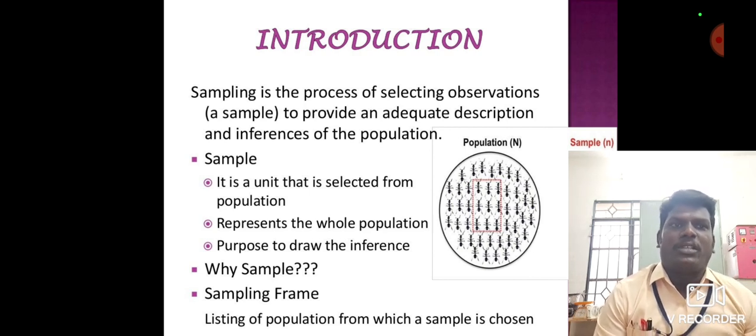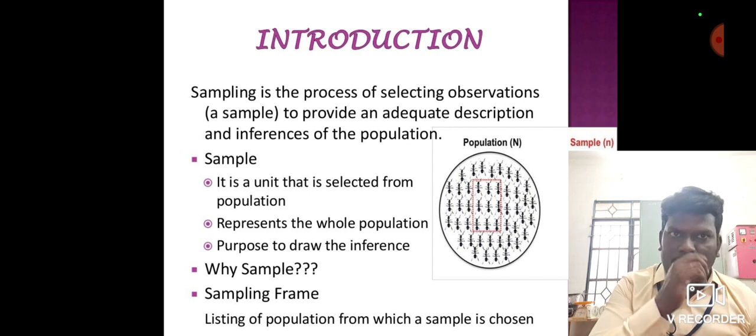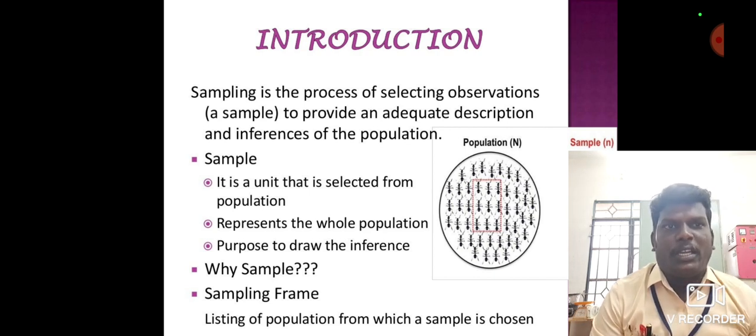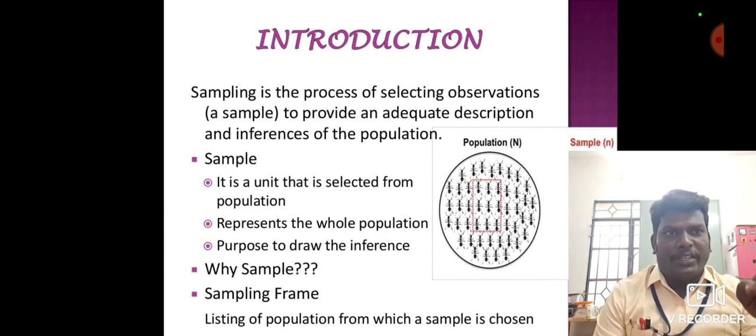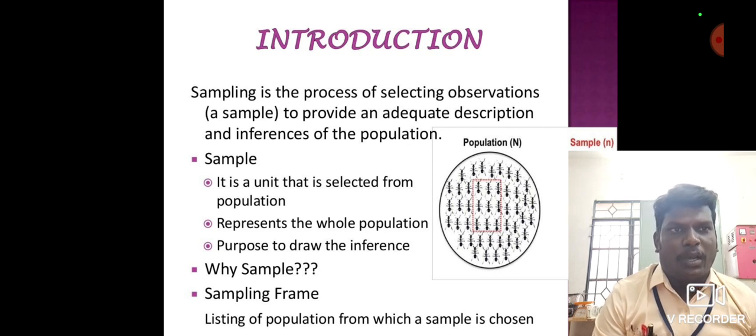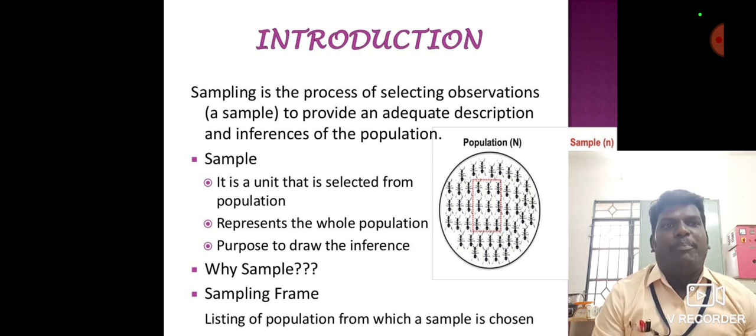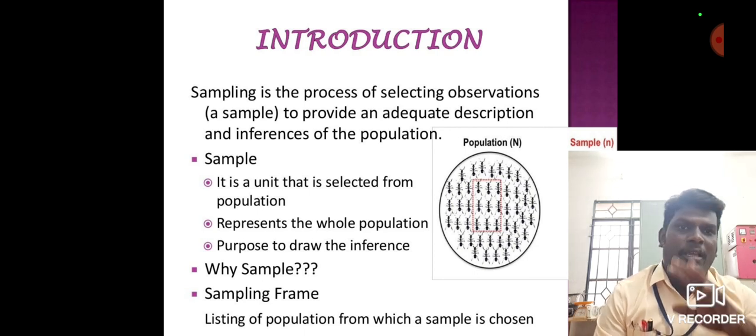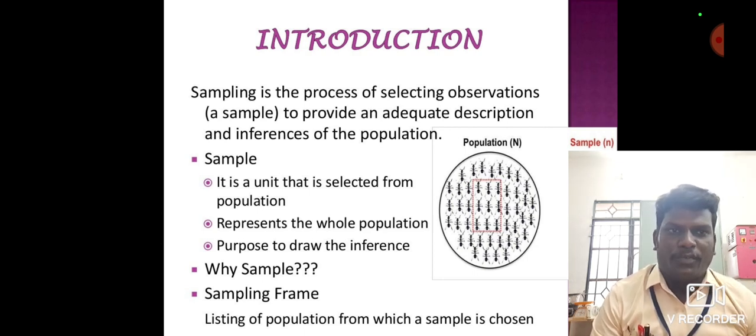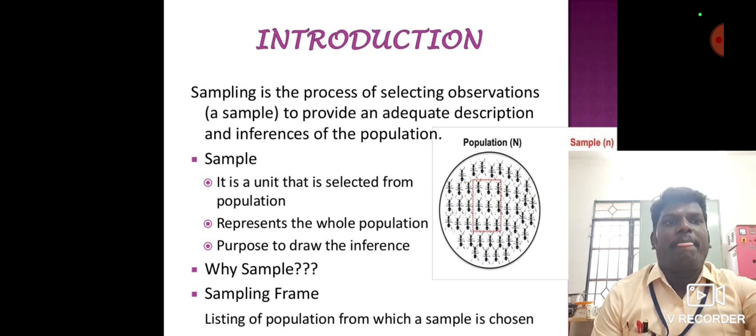So next we are going to discuss the sample. Sampling is the process of selecting observations to provide an adequate description and inference about the population. You can see in the picture, population is capital N and sample is small n. Why sample? What is the purpose of a sample? The sampling frame is the list of the population from which a sample is chosen.